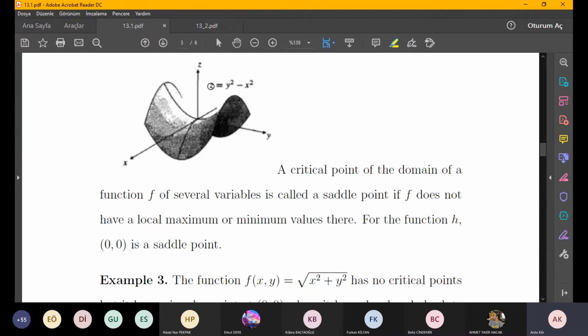So this is h at (x,y), which is y square minus x square, and a critical point of the domain of function of any f of several variables is called saddle point if it does not have a local maximum or minimum value.